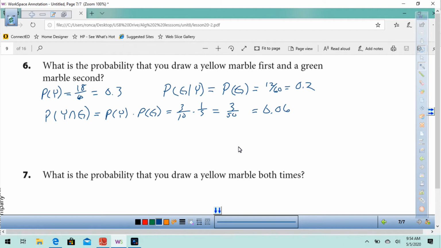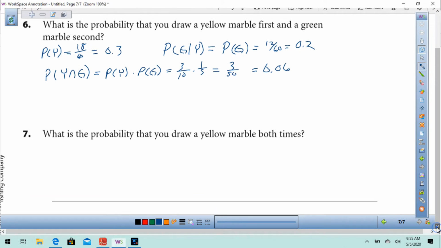What is the probability that you draw a yellow marble both times?